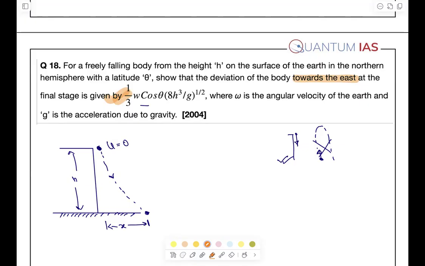Now, before getting into the Coriolis force, I want to tell you a few things, and I hope you know that. The first one is the orthogonality of the reference frame or the coordinates. Let's take 0, 0 here for x and y. I have already taught this in class: orthogonality of the reference frame simply means that the motion of x will be independent of y.